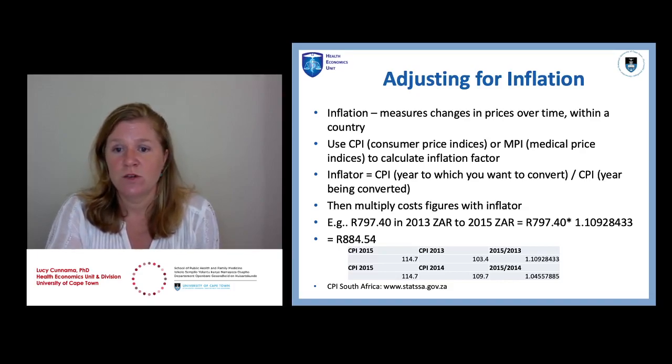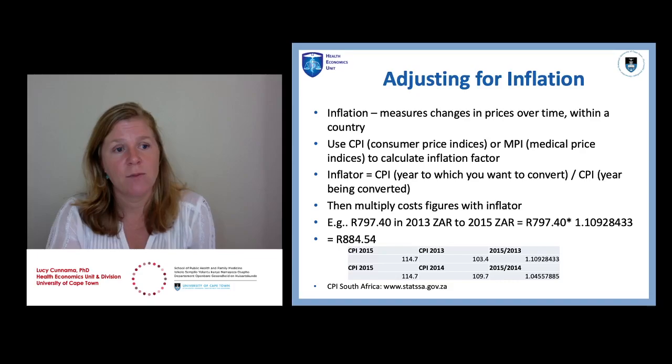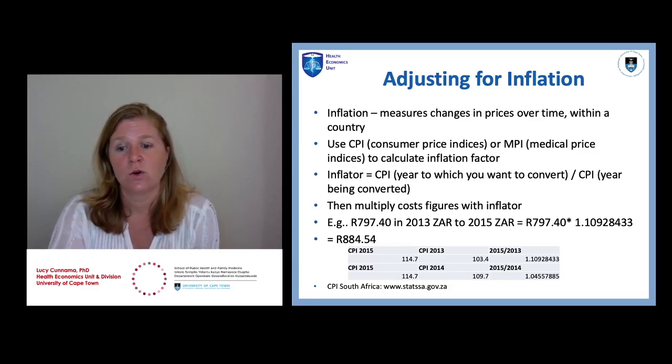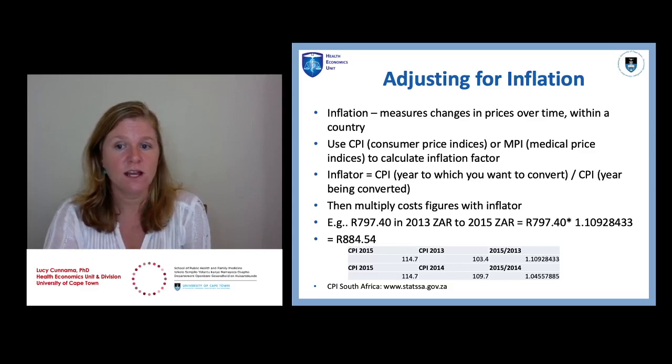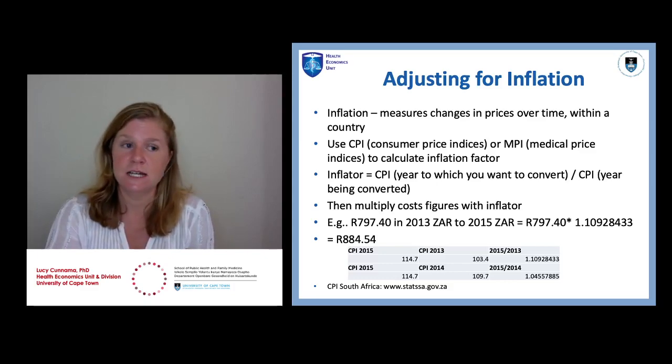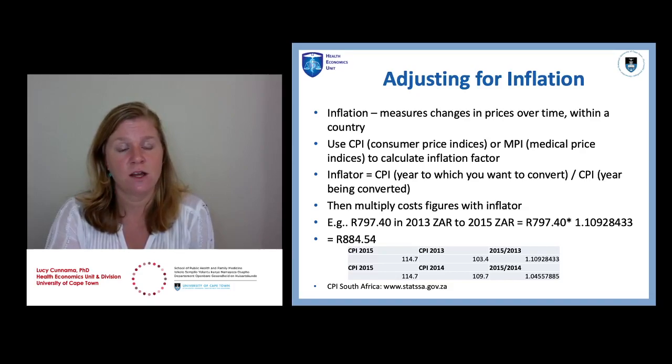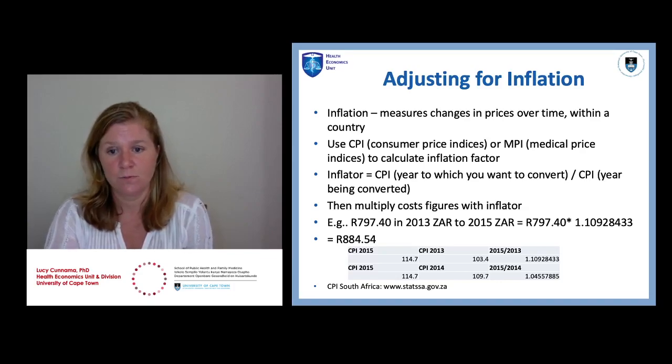So the way that we use CPI is that we look up the CPI table for the particular country that we're interested in, and in this instance we've used the CPI for South Africa. And we need to look at the relevant years. So if we're inflating to our current year, we need to make sure that we have our current table. And Stats SA is a good source if you are looking for South African data.